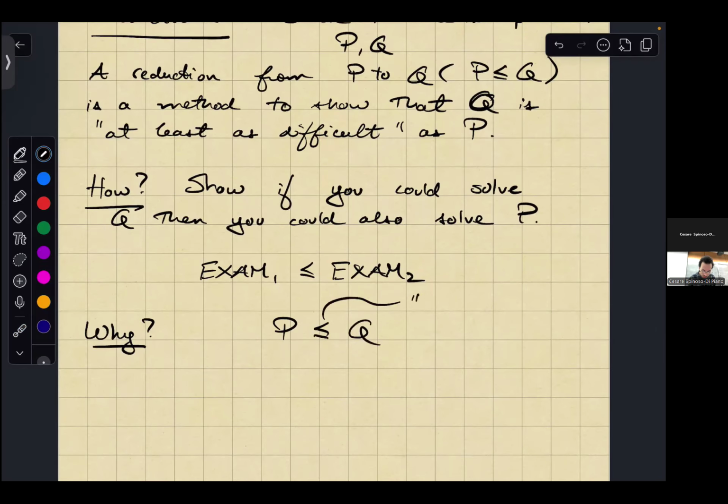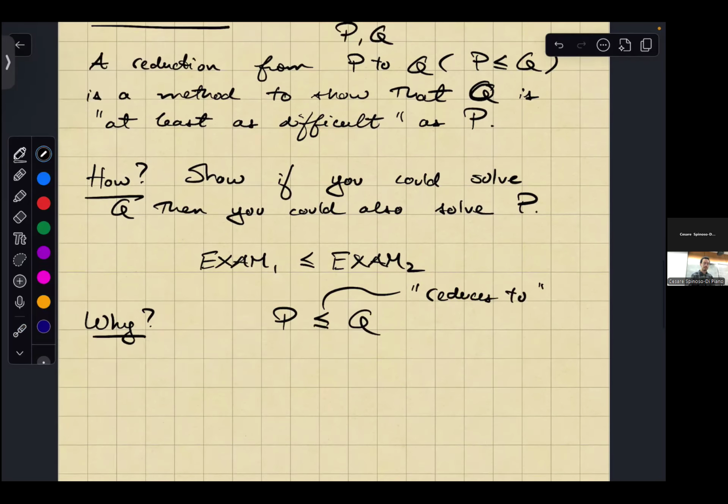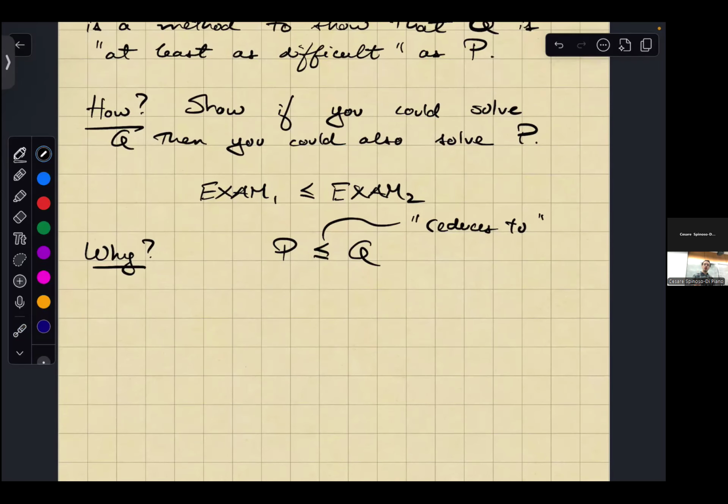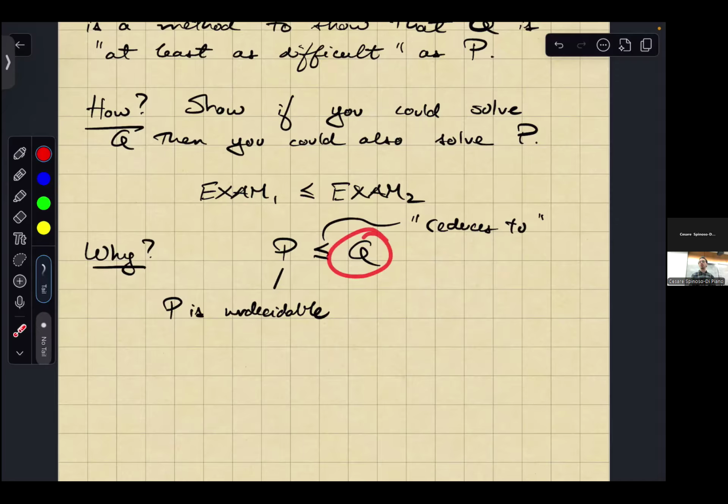So the other way that people sometimes say this is P reduces to Q. And we already know a priori that P is undecidable, which means that there does not exist a decider, a Turing machine, which decides P, then this is already proof or evidence that Q will also be undecidable, right? So this implies that Q is undecidable.